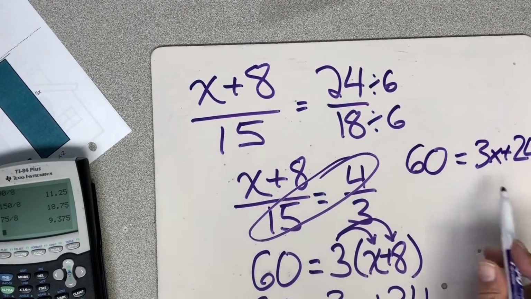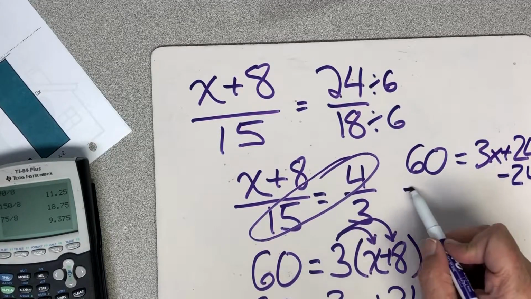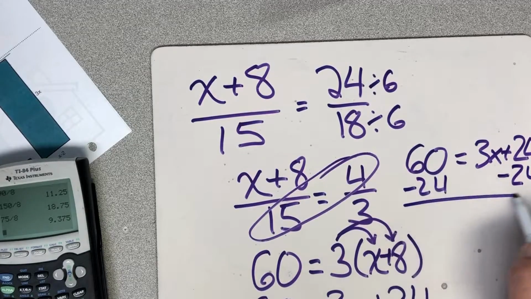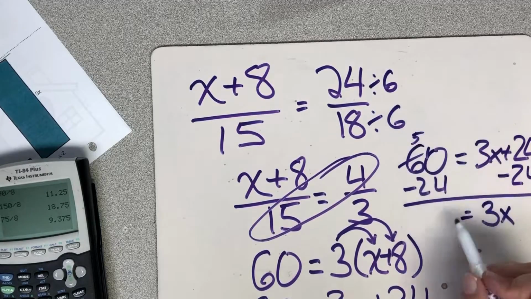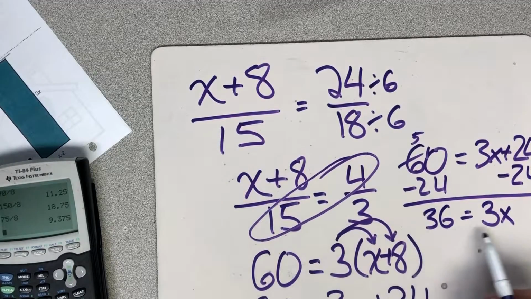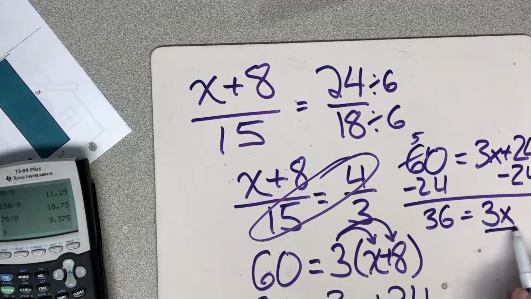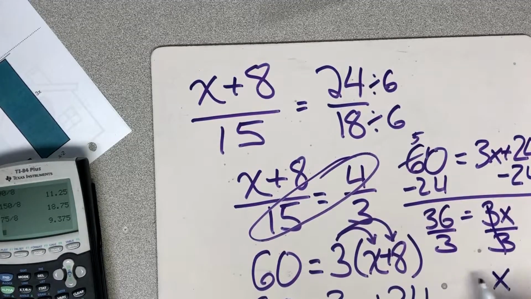I'm trying to isolate x, so I'm going to subtract 24 from both sides. That gets you 3x. You can do your borrow and carry here: 10 minus 4 is 6, 5 minus 2 is 3. 36 equals 3x. This is 3 times x. I just want 1x, so I divide both sides by 3. X equals 12.